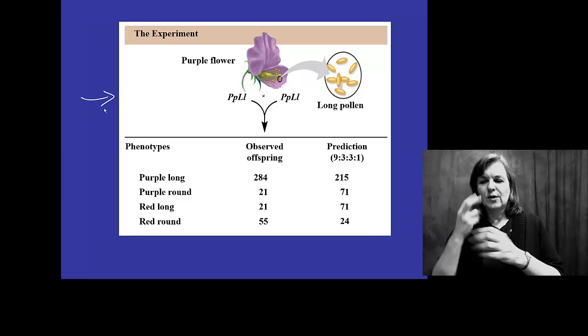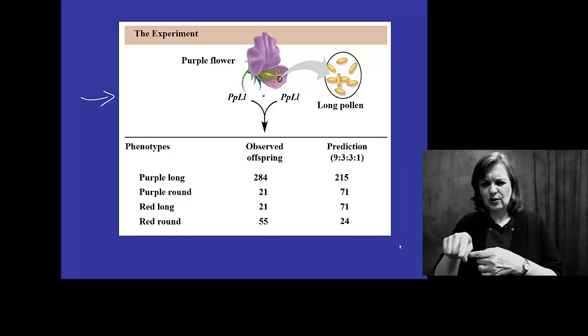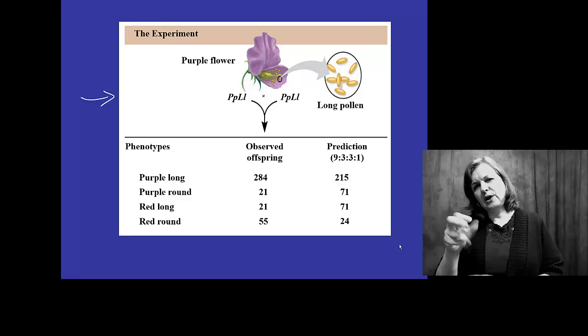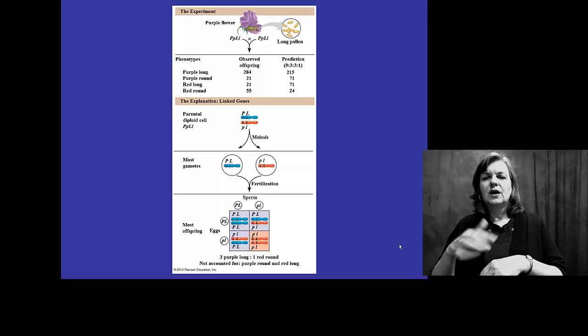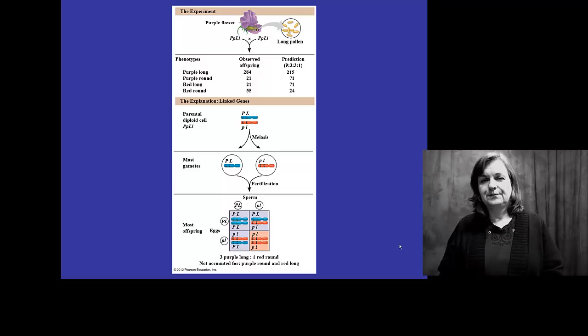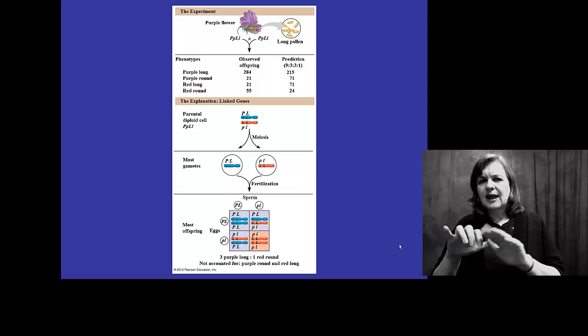I want to know what's going on that we have this predicted 9-3-3-1 ratio, roughly, of offspring every time we cross two heterozygotes. So looking at the genes, what we actually can think about is where this is placed on the chromosomes and what this actually means for our offspring.